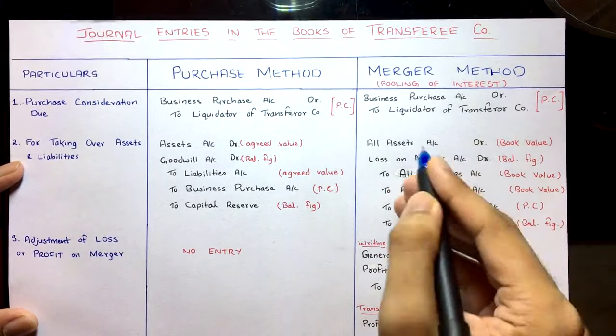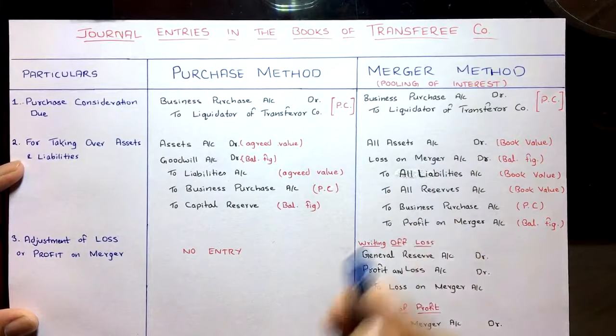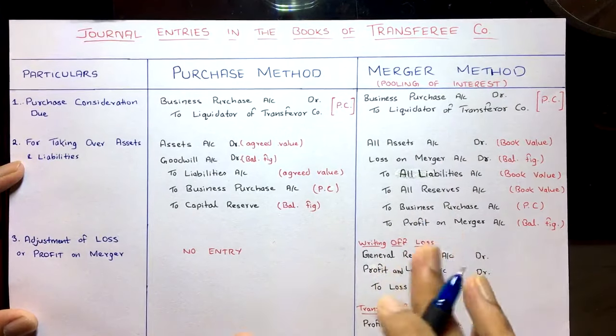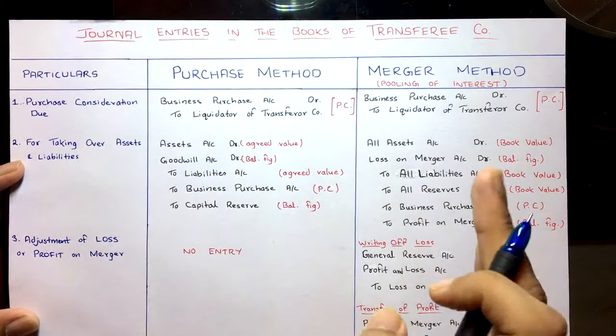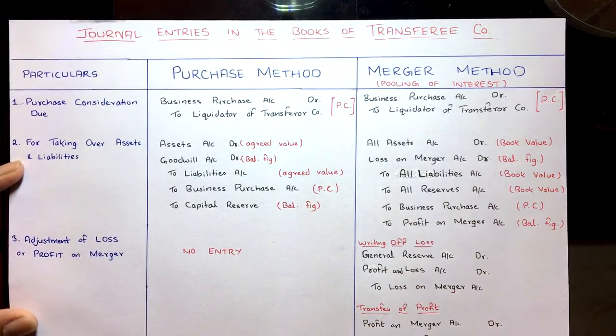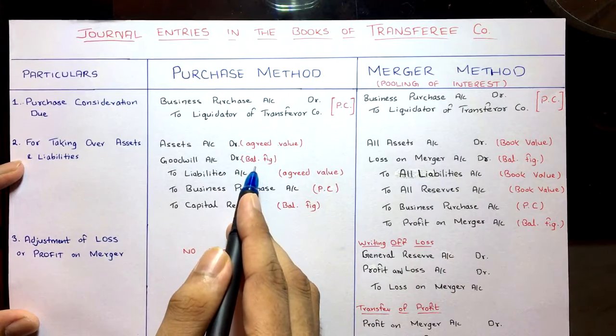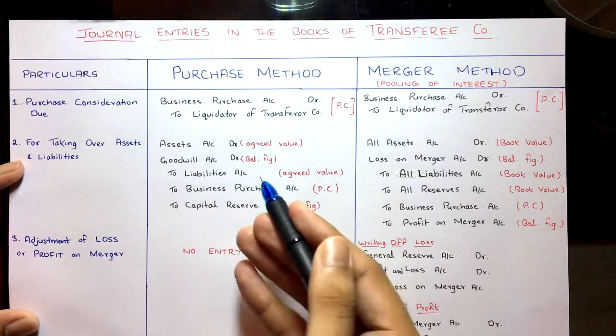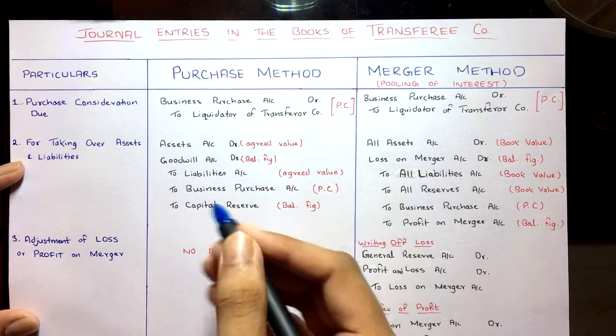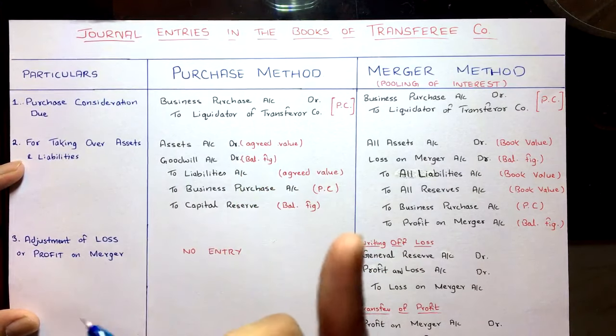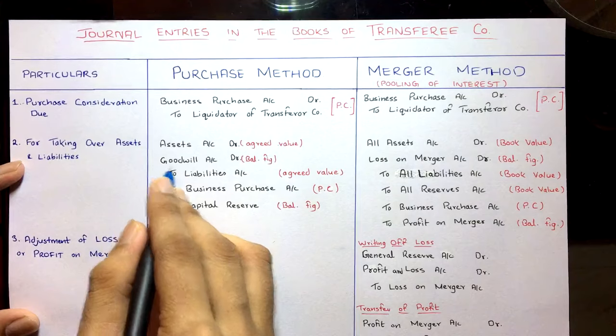Yeah, book values, all assets, all liabilities, and even reserves will also be taken. Whatever reserves are there on the balance sheet of the old company, everything will be taken over at the book values. Simple, right? And here what we used to do, if we are incurring loss, that means we are paying more purchase consideration than the net assets we are getting, then that used to be a loss, and we used to debit that to goodwill account.